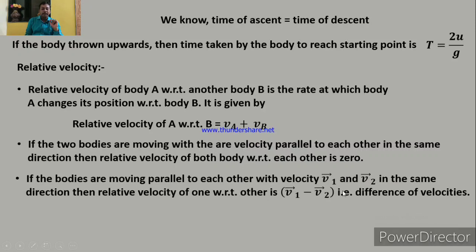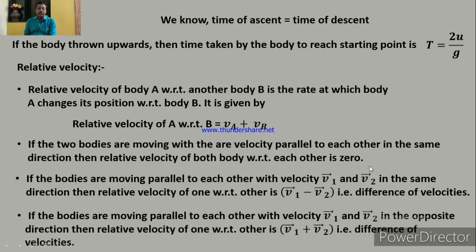The second condition is if the bodies are moving parallel to each other with velocities v1, v2 in the same direction, now the velocities are different, then the relative velocity of one with respect to the other is v1 - v2, that is the difference in velocities. If the velocity is the same, the relative velocity is 0, and if the velocities are different, the difference in velocities is the relative velocity.